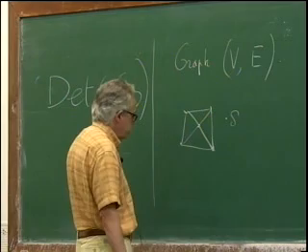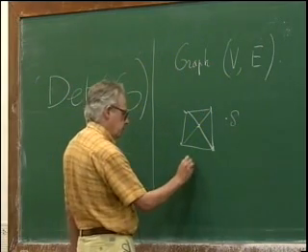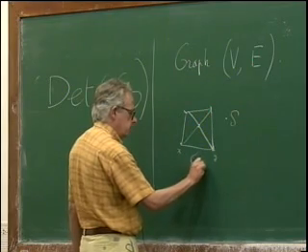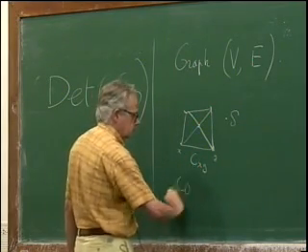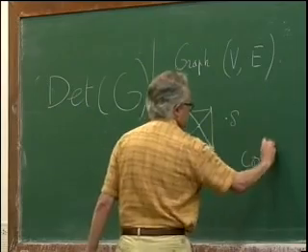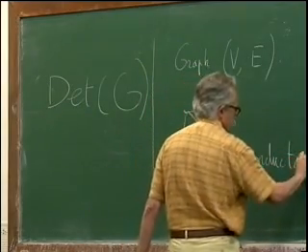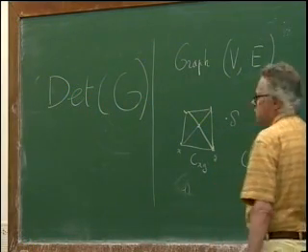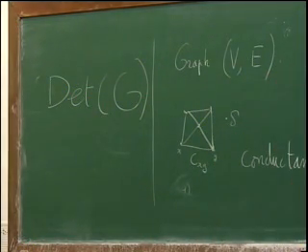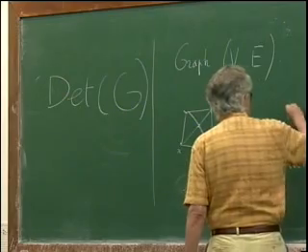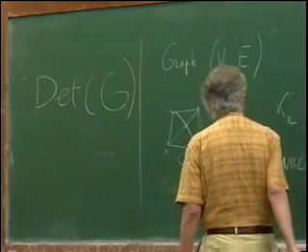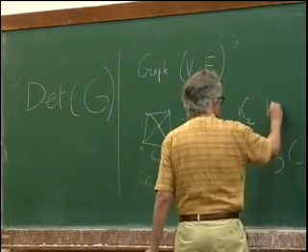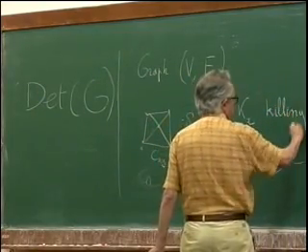And what you do is the standard thing, namely on edges you put conductances C_xy, which are indexed by the edges of the graph. And on vertices, you put weights, which are killing rates, which can be 0.